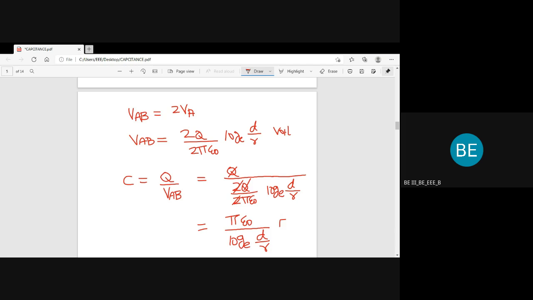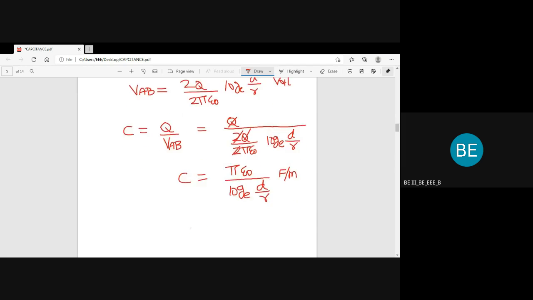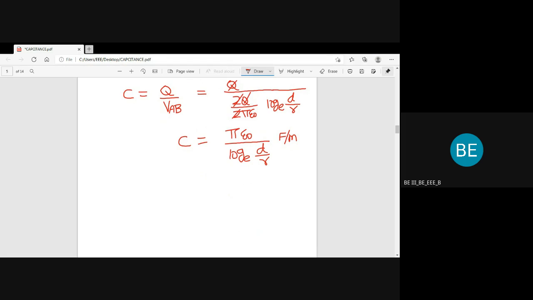Farad per meter. So the formula for capacitance is pi into sigma naught divided by logarithm of d by r. Inductance we will write as 2 into 10 power minus 7 ln of d by r, right?